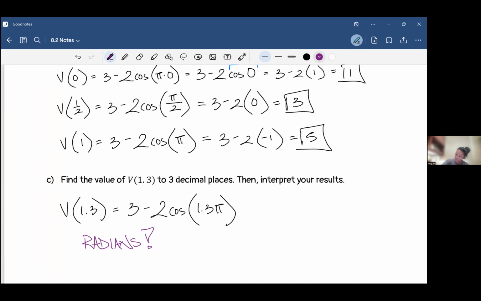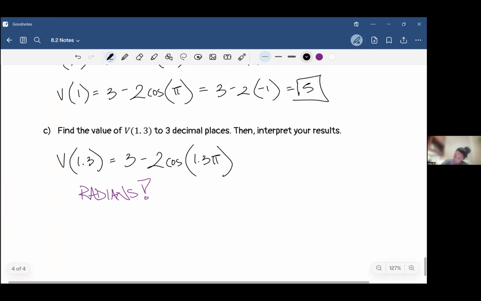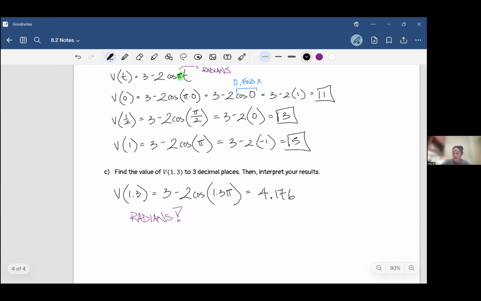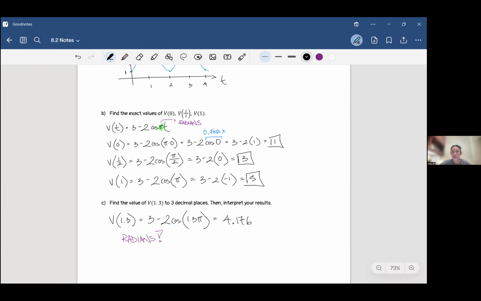Okay? All right. So I'm going to type this all into my calculator, and I get 4.176 as my answer. All right. But we don't want to just be people who can type things into calculators and get a number out.